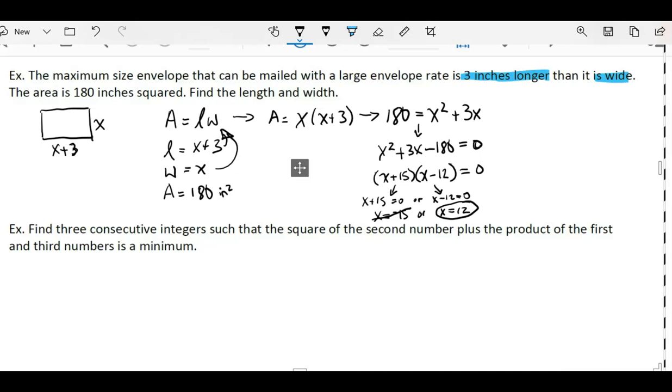And 12 plus 3 would be 15. And so our width equals 12 inches. And our length equals 15 inches.